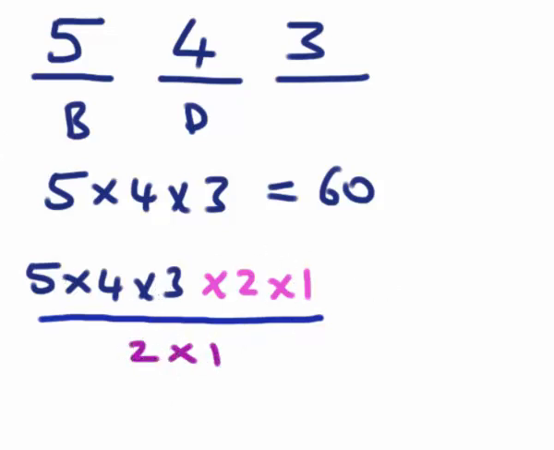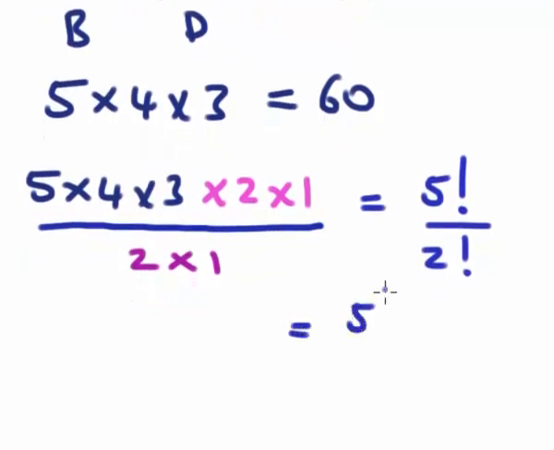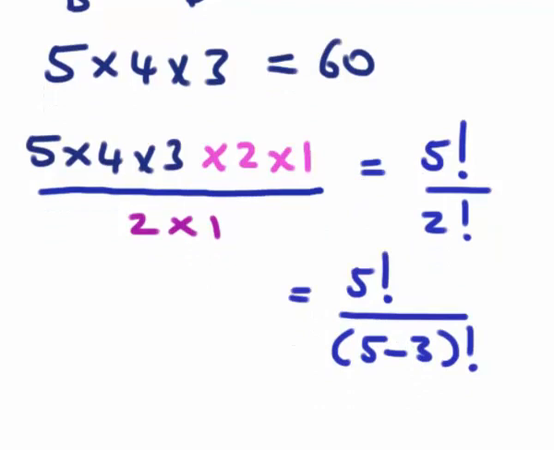But the nice part of this is that the numerator becomes 5 factorial over 2 factorial, which also means you can see it as 5 people occupying 3 different seats. So it's 5 people taken 3 at a time. That's another way you can express it.